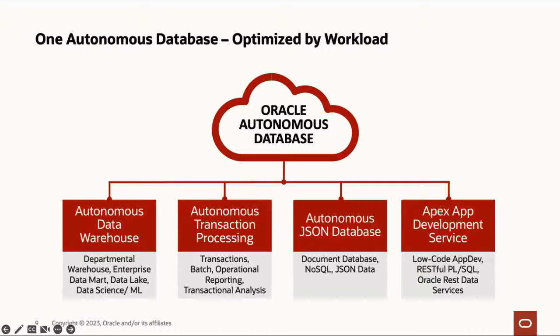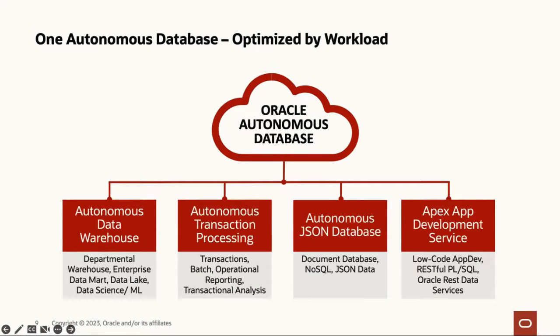Next we have transaction processing. This is going to be row optimized instead, and it's best used for transaction mixed workloads or data driven applications. Next, we have JSON database. This is optimized for JSON documents and JSON-centric application development. And lastly, we have Apex App Development Service.